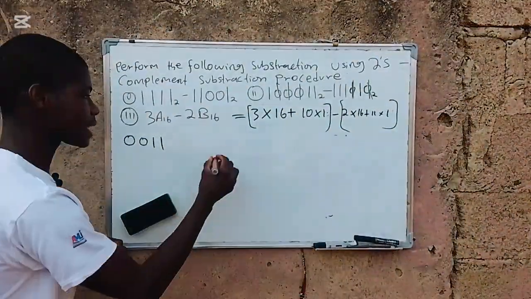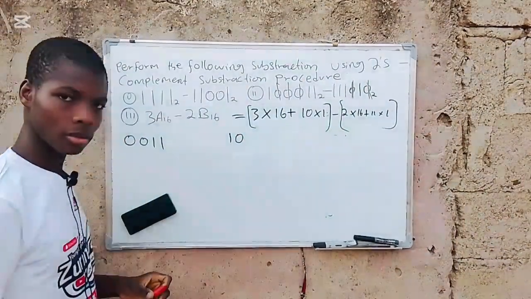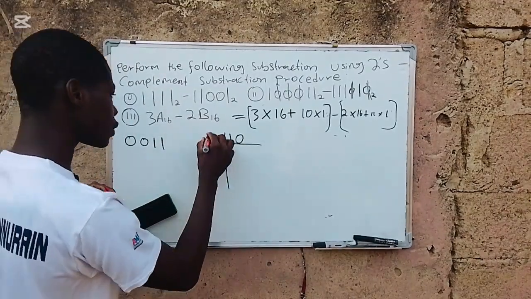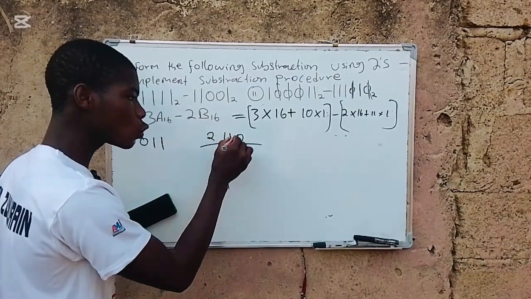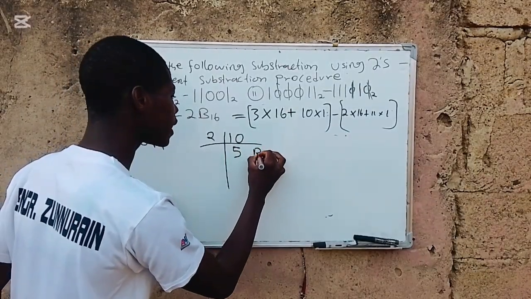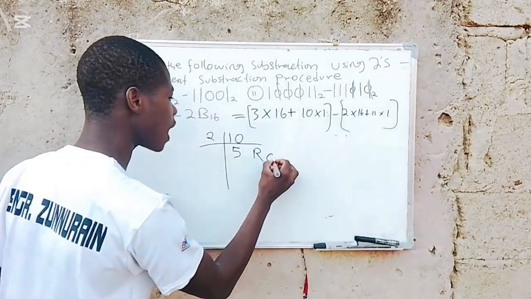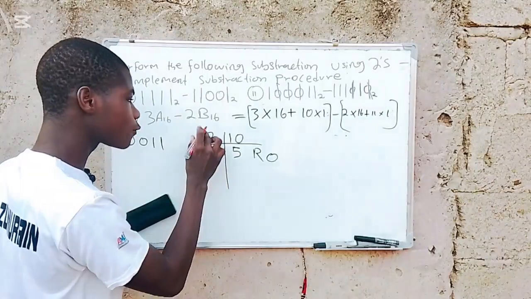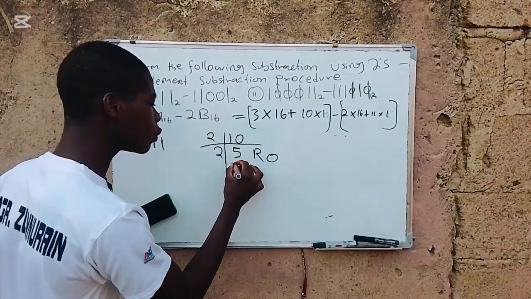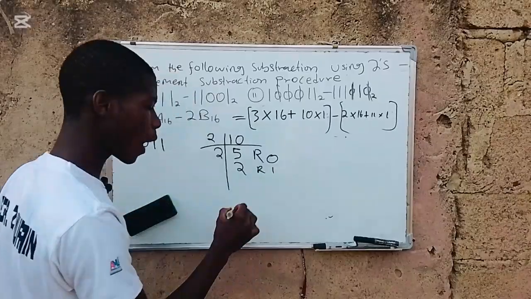A is the same thing as 10. So I say 2 into 10, I will end up with 5 with the remainder of 0. 2 into 5, I will have 2 with the remainder of 1.